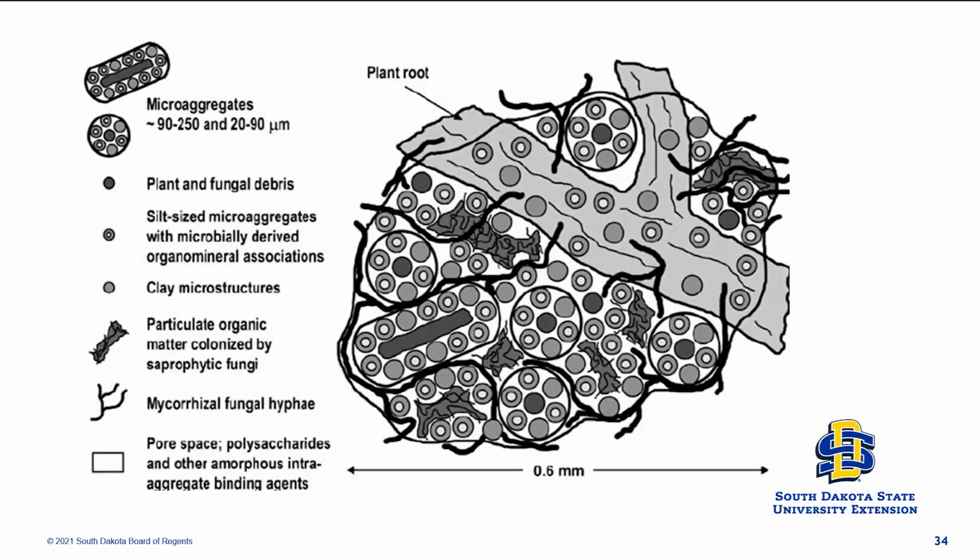So basically here in this diagram, you can see I have a plant root here. And that plant root has a branch there, of course. And then around that plant root, we're looking at aggregates, and some are circles and some are oblong, but we know aggregates don't have that perfect shape, but for this case, we're showing that.